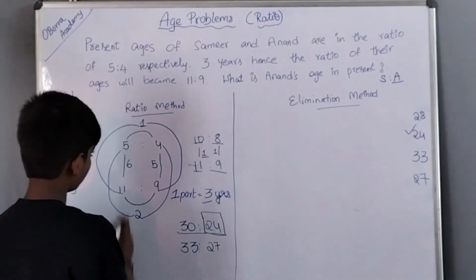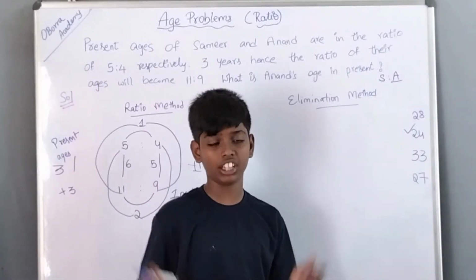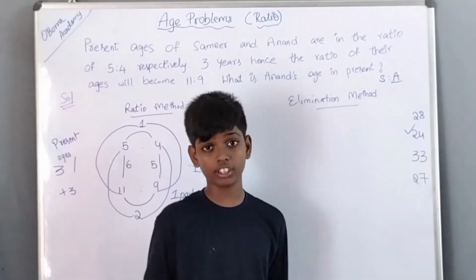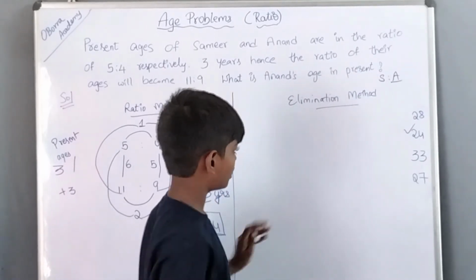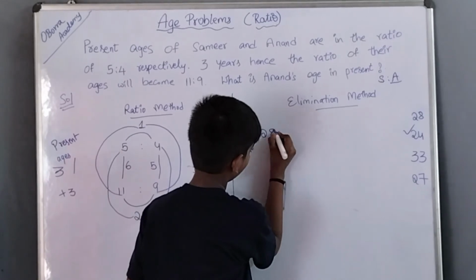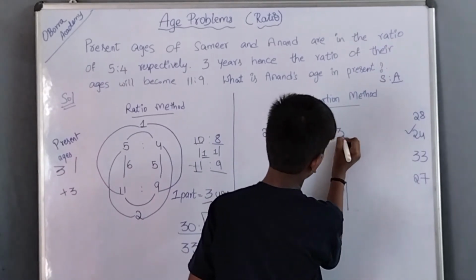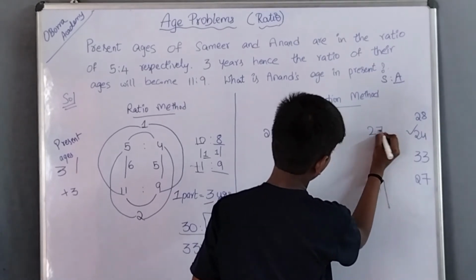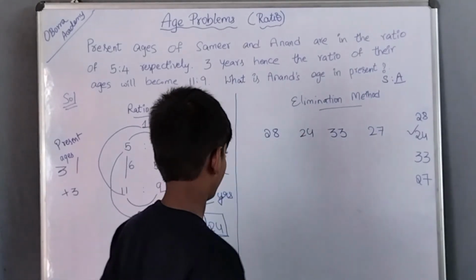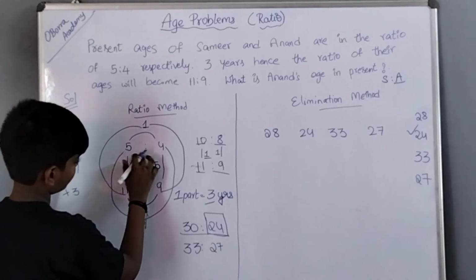Now this is all about the ratio method, and now let's see how to do it in the elimination method. The elimination method is so easy for this problem. Now let me write the options here: 28, 24, 33, 27. So for the present ages, they gave the ratio as 5:4.